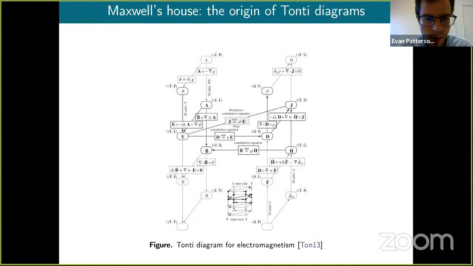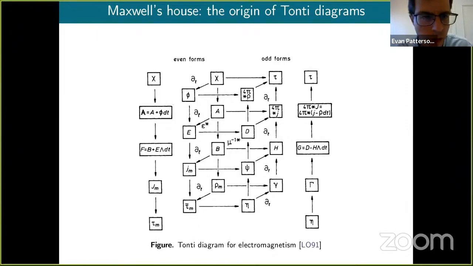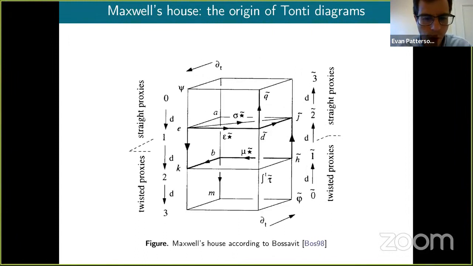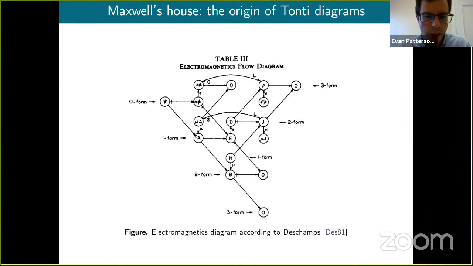This is some very busy looking version of Tonti's house. I'm sorry, Maxwell's house. This is another one. Here's yet another one by a different author. Here's someone else drawing a similar diagram, but with a much less appealing layout, though it's a similar diagram, it turns out.